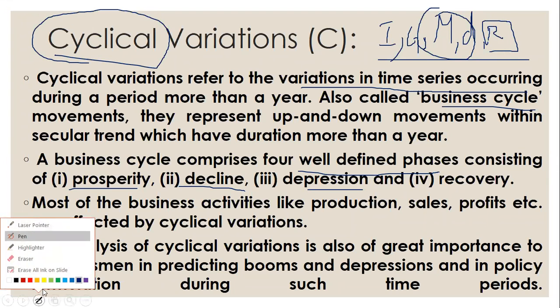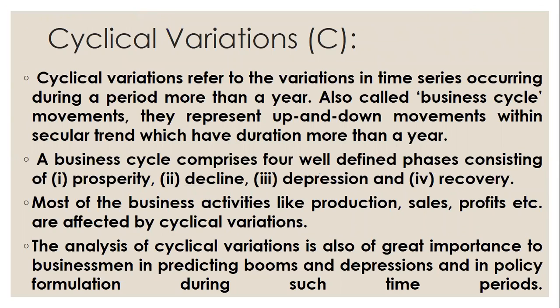Now here you will have to understand this with something like this. I'm sure you would have seen this diagram. Let's say this is introduction and this is growth and this will be prosperity. Then we have decline and this is depression. This is the lowermost point, this is the highermost point.